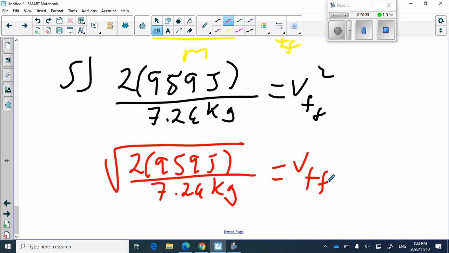So I'm going to square root that, and I get 16.3 meters per second, which is the final speed as it just hits the ground.